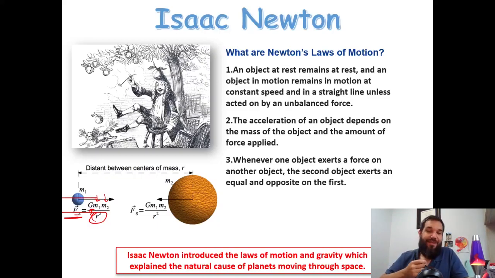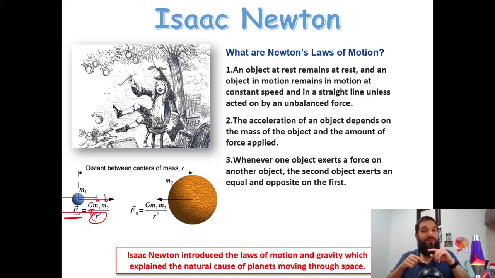And what's amazing is that you can actually take this. I know probably this won't make too much sense to you, but it's amazing. You can take Newton's laws of motion plus his law of gravity, and you can derive Kepler's 3 laws theoretically from Newton's laws of gravity and motion.